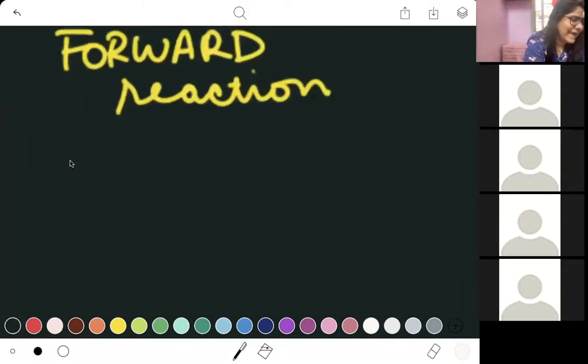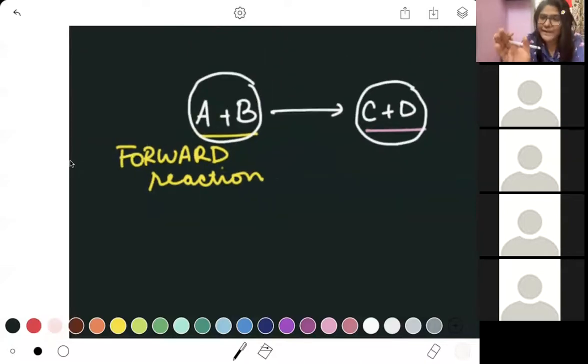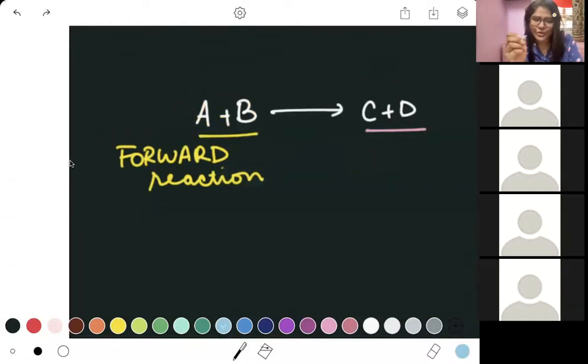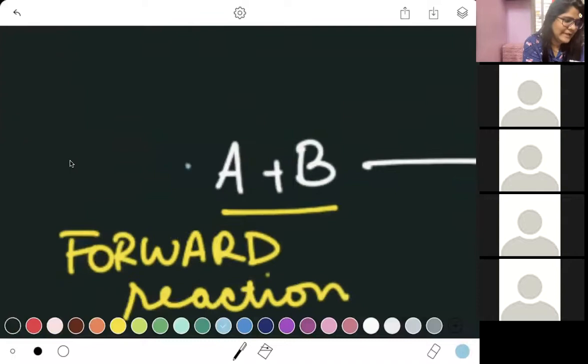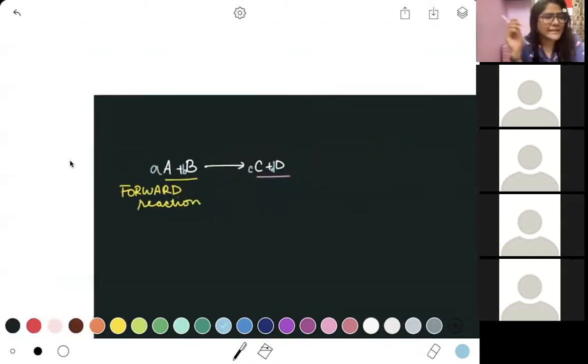So let's say I have this particular reaction with me where I have A, B making C and D, but we don't know what stoichiometric coefficients they have. So we're going to add the stoichiometric coefficients. So I'm going to say A, B is giving rise to C and D. These are my stoichiometric coefficients.